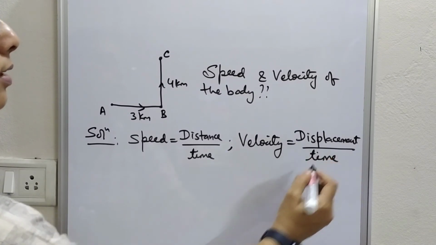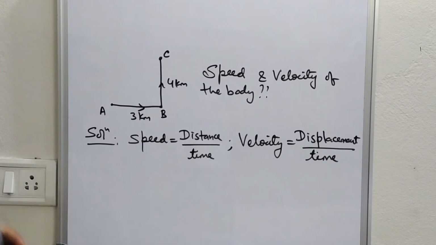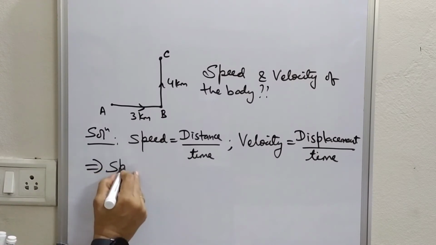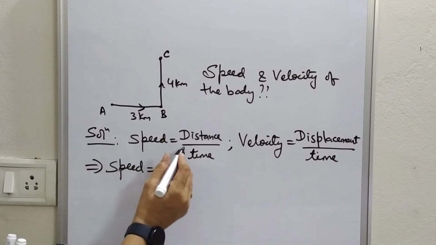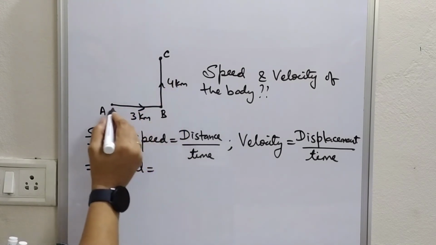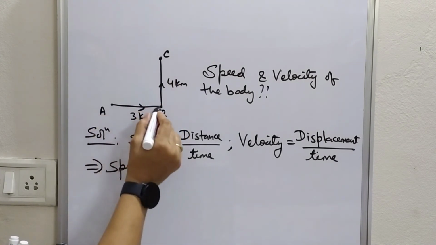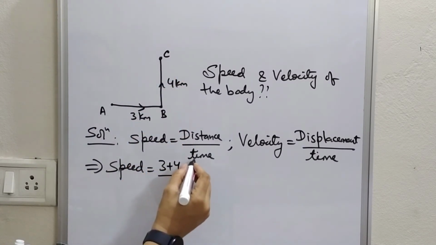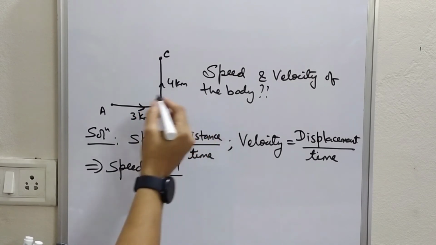So these are the formulas or definitions we have just learned. So this implies the speed of the body is the distance travelled. Distance means the length of the actual path of the body. So distance is what? 3 plus 4. This many kilometers.